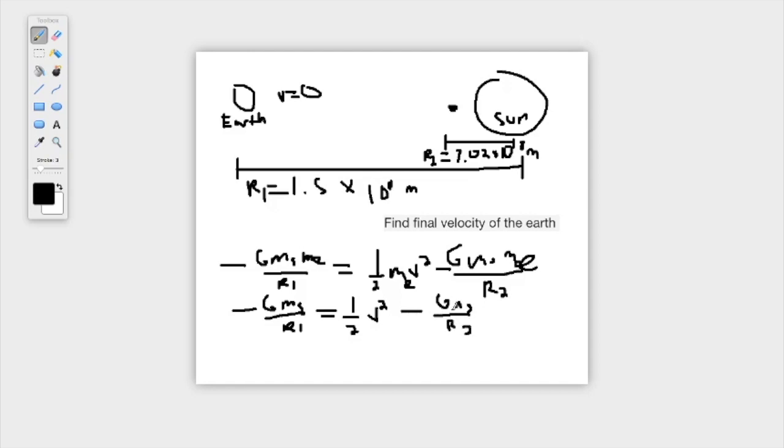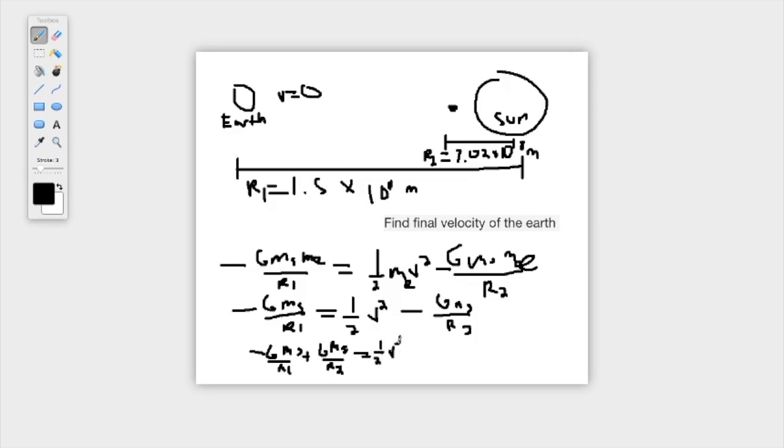Then I'm going to add G Ms over r2 to the left side, so we get G Ms over r1 plus G Ms over r2. Be careful, these do not cancel out because they have different distances from each other. So that equals 1/2 v squared.